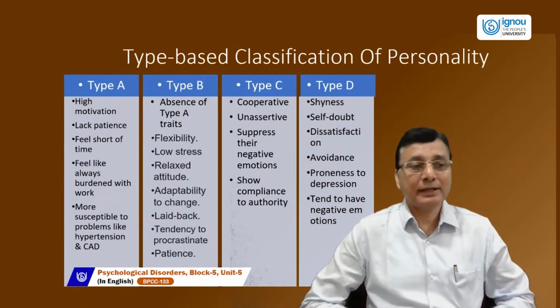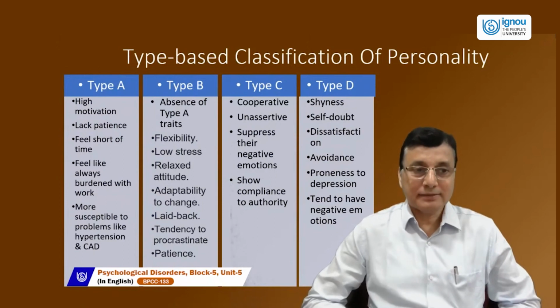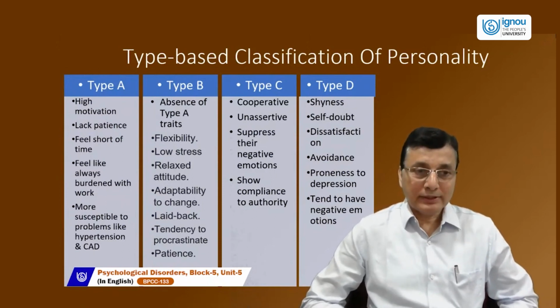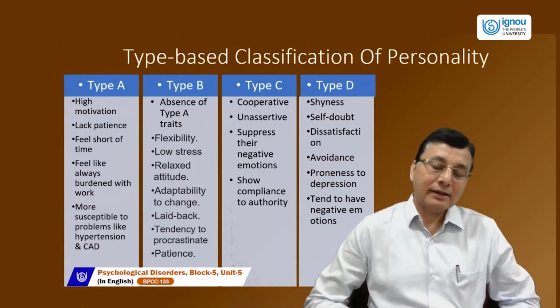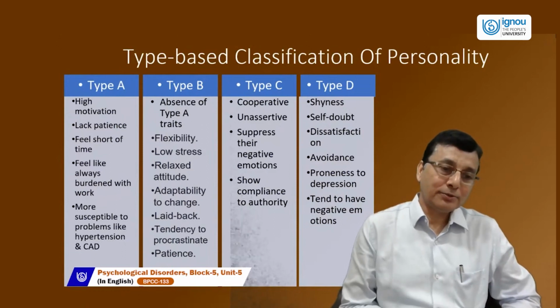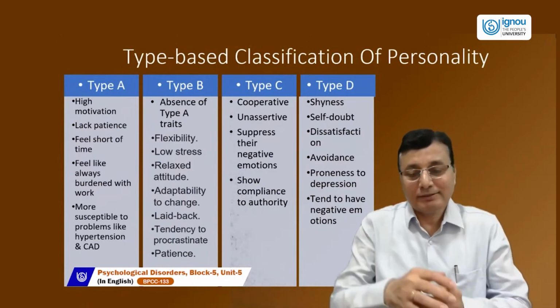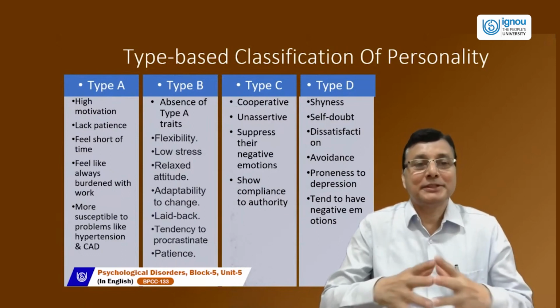Whereas in type B, no such type A traits will be there. They are flexible, they are low in stress, and they have a relaxed attitude. They are adaptable to change, and they have a tendency to procrastinate, meaning they sometimes delay the work, and they have lots of patience.